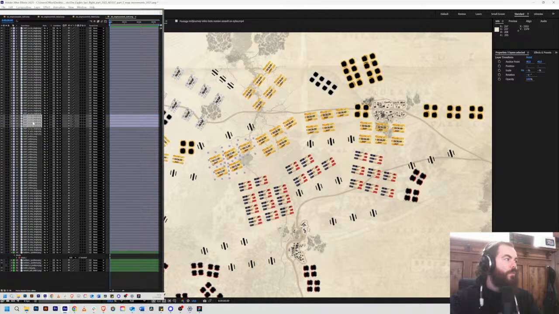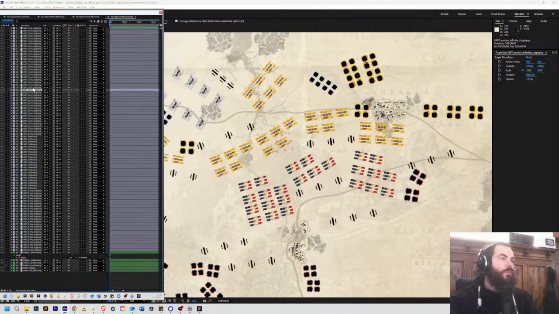Corps by corps. Or battalion by battalion, or whatever it's called. This one's already flawed.